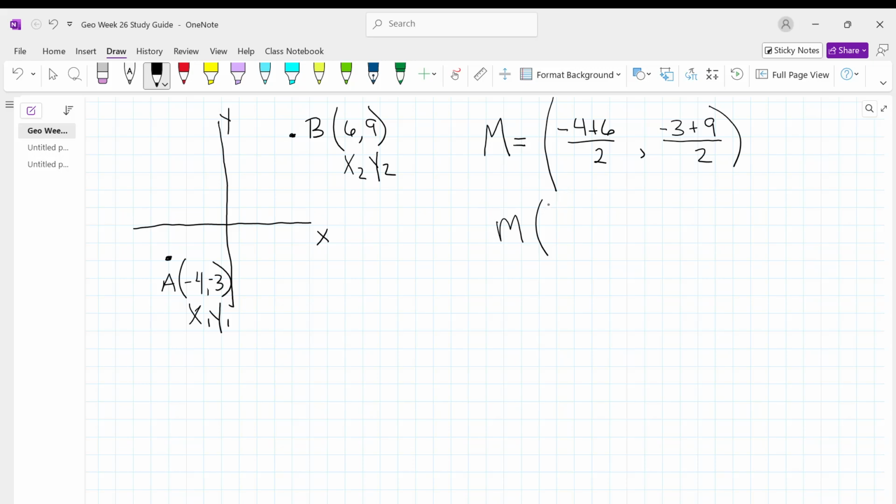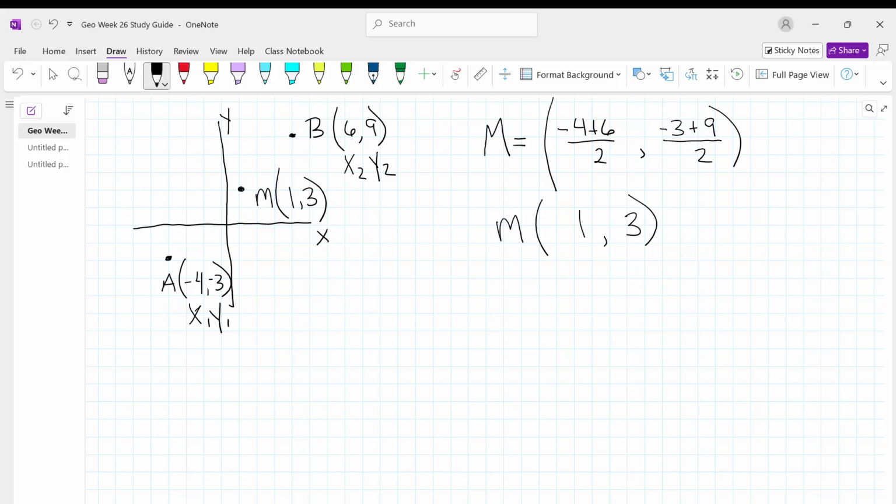So our midpoint is going to be at -4 plus 6, positive 2 divided by 2. That's 1. -3 plus 9 is 6 divided by 2, 3. Our midpoint is at (1, 3). So (1, 3) would be about here. That's our midpoint, and it's at (1, 3).